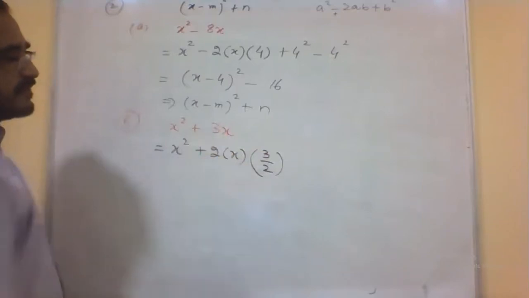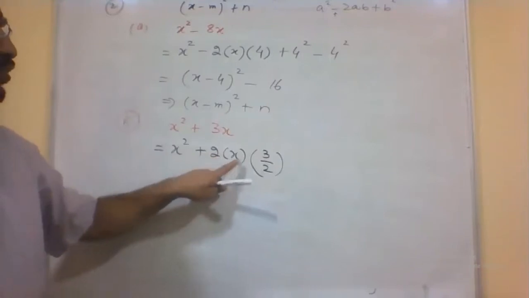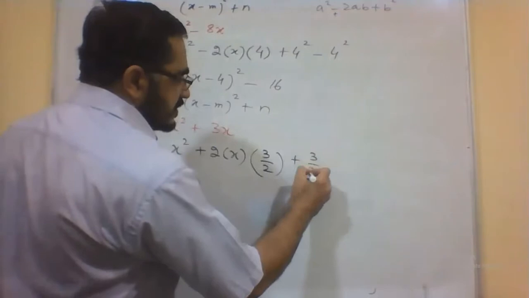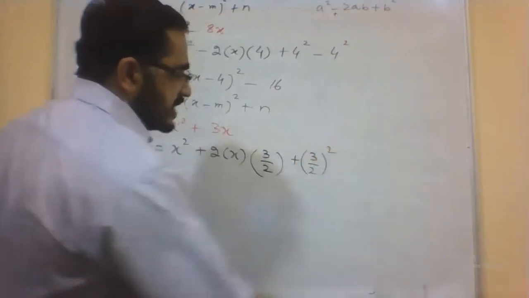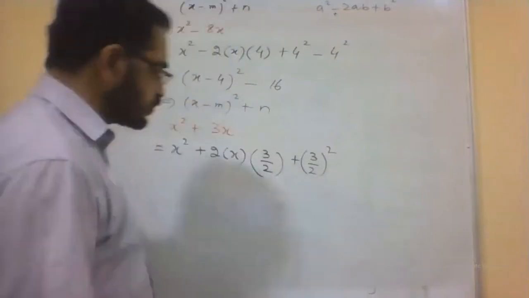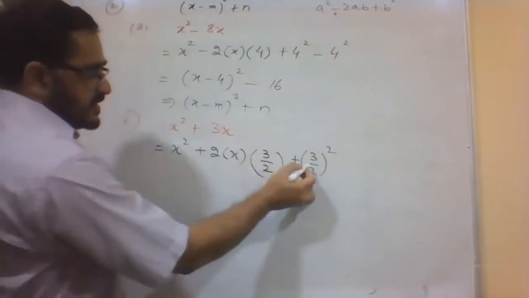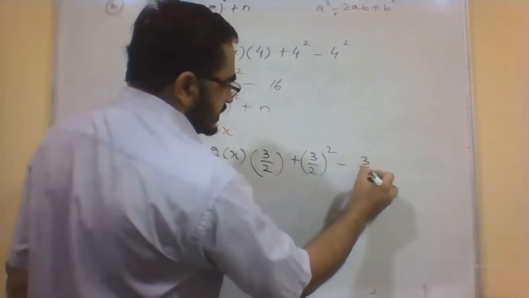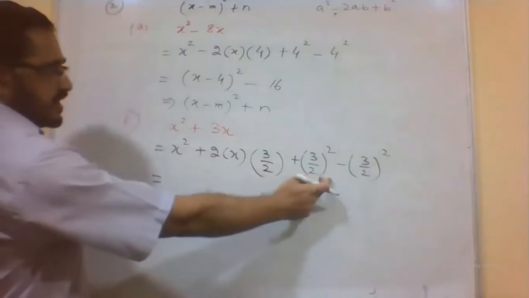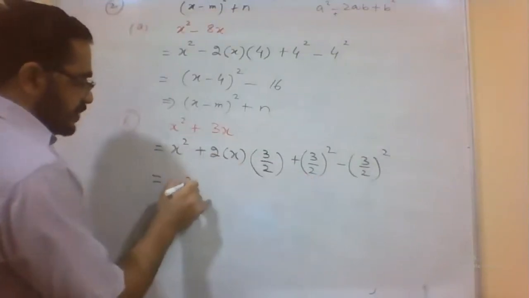At the place of 3x, we can write this one. But this is in the form 2ab plus b square. B we have taken here as 3 by 2. B square means 3 divided by 2 whole square. This 2 cancels, 3x as it is. This is extra, then we have to subtract this extra thing. Up to here is a perfect square: a square plus 2ab plus b square, a plus b whole square.